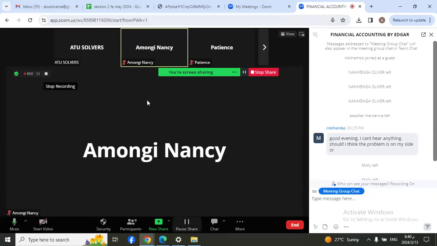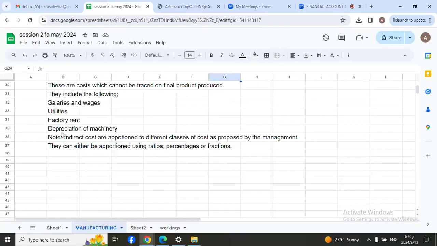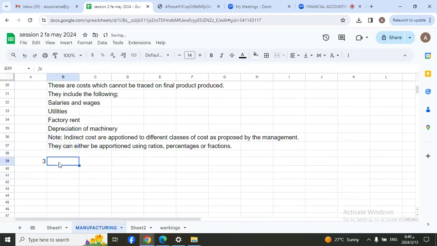We are going to the third one. Number 3 is what we call work in progress.